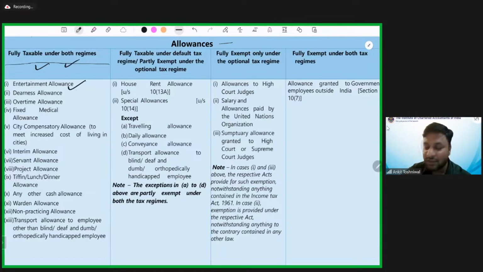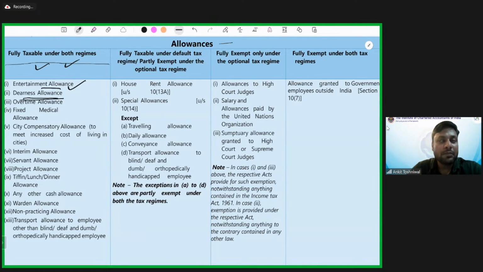Entertainment allowance. Sometimes some companies provide an allowance so the employees can refresh their mind for entertainment purposes. This is known as entertainment allowance. Second one is dearness allowance, also known as DA.